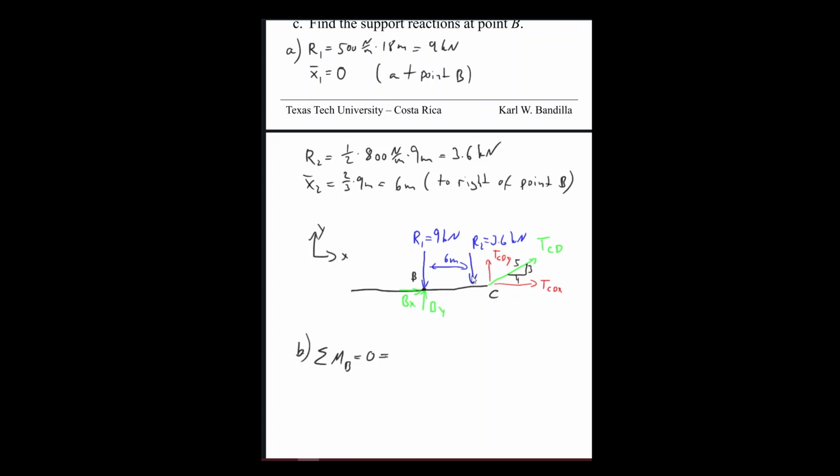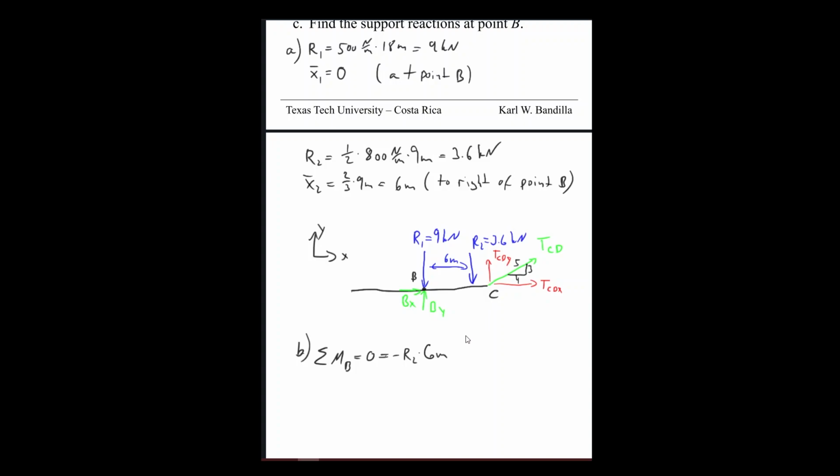Then R2 is turning clockwise, so R2 is going to be negative. R2 times 6 meters, that was that distance that we calculated. Then TCDx is going to go through B because it's along the bar.